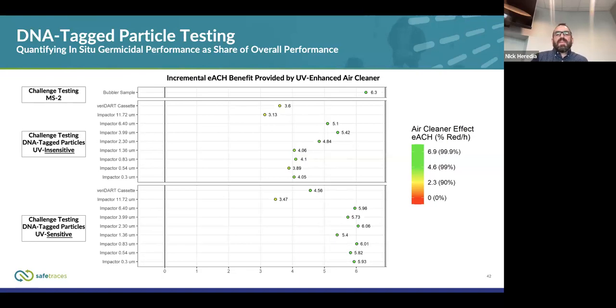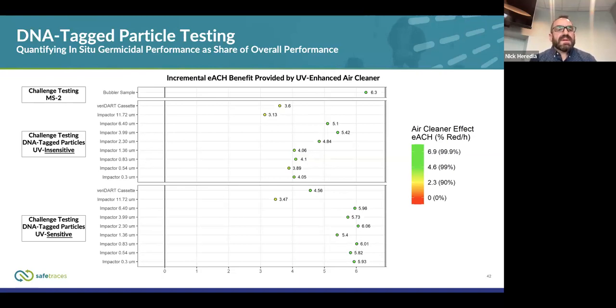And so importantly, when you look at the MS2 phage, you see that basically we're in the same ballpark with our UV insensitive tag, the very upper box. Then the middle box, and then the lower box demonstrates really the difference once you start incorporating our new UV sensitive tag, and how that really tracks well with the MS2 phage.